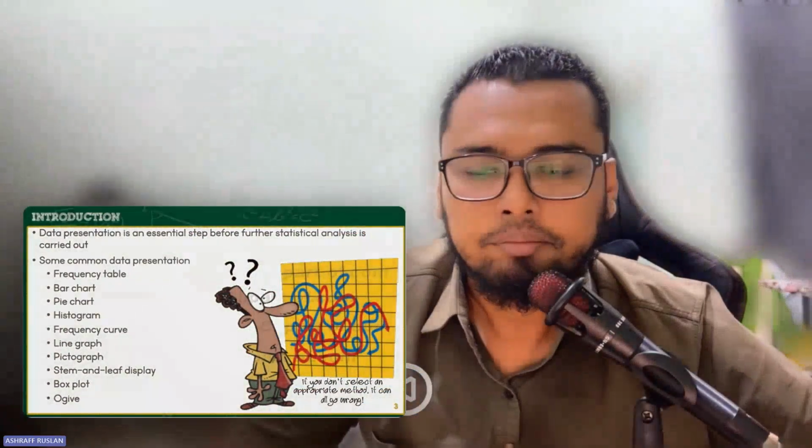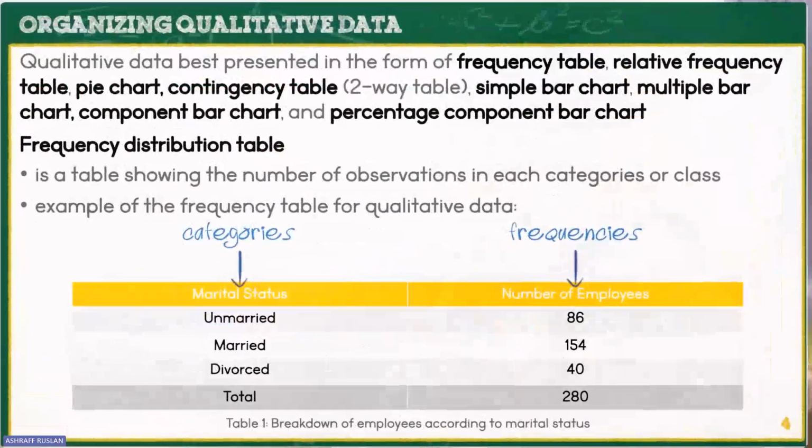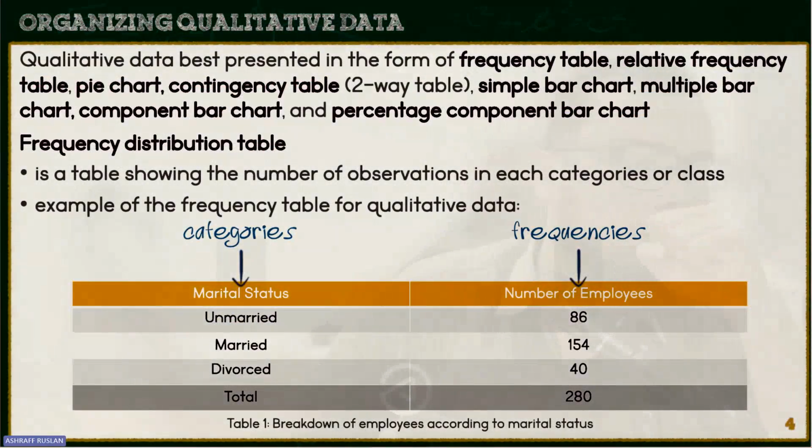So we start off with frequency table, relative frequency table, pie chart, frequency table two-way, simple bar chart, multiple bar chart, component bar chart, and percentage component bar chart.